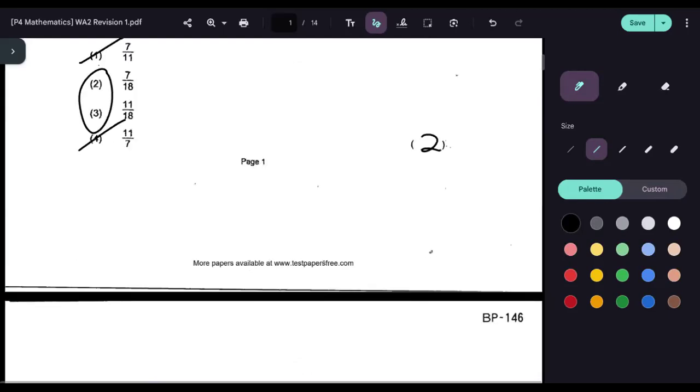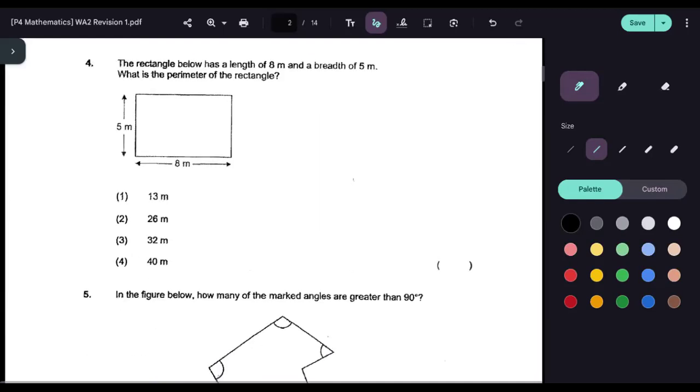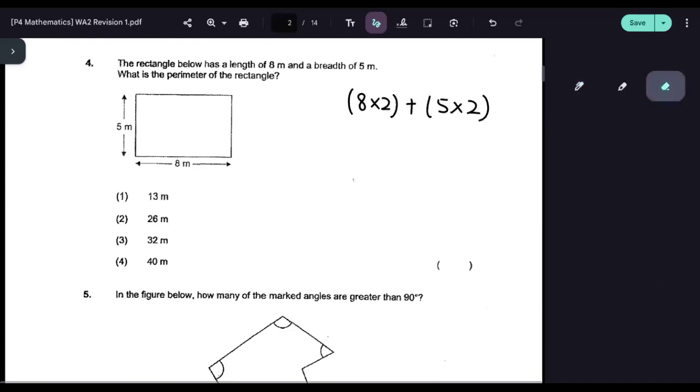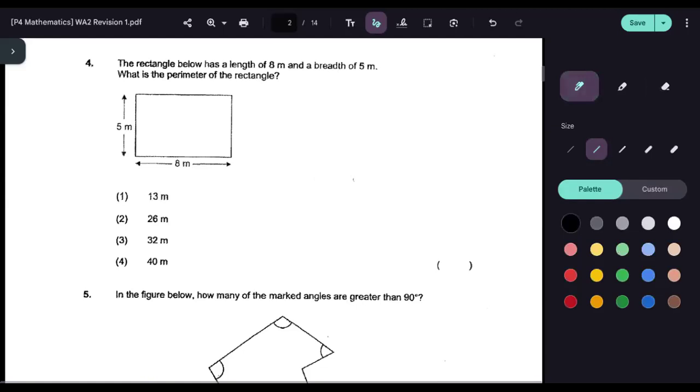Next. The rectangle below has a length of 8 meters and a breadth of 5 meters. What is the perimeter of the rectangle? Those who are a little bit more ahead, you can use this method: 8 times 2 plus 5 times 2. But for your level, I will just write 8 plus 5 plus 8 plus 5.